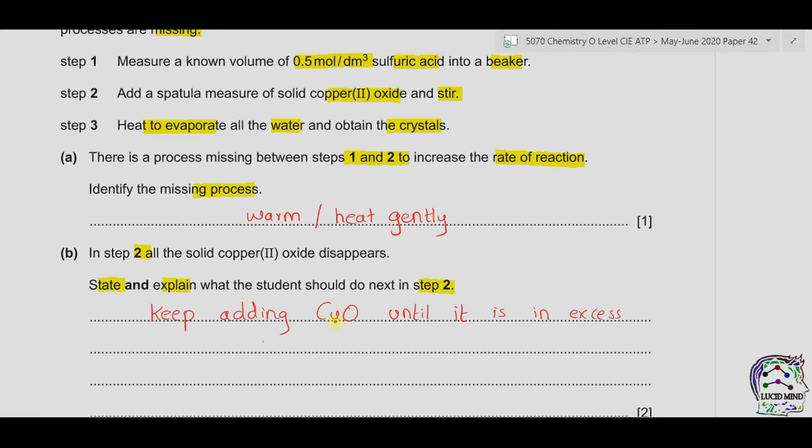Or you can also say that as copper oxide is black in color, until black solid remains. It means that all of the sulfuric acid has now reacted. So we can say that this will react with all the acid.